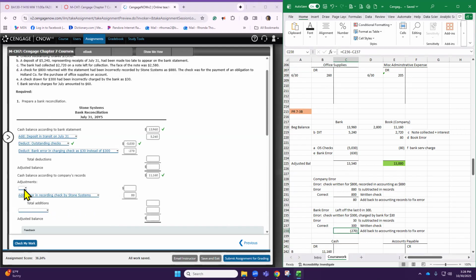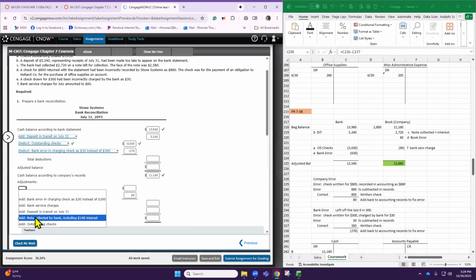We have one more or two here. So now let's see. And I forgot to adjust it for the note. Okay, the note collected plus the interest is $27.20. Yep.